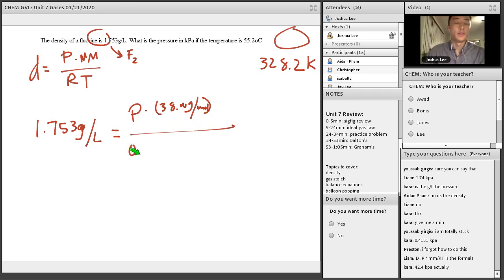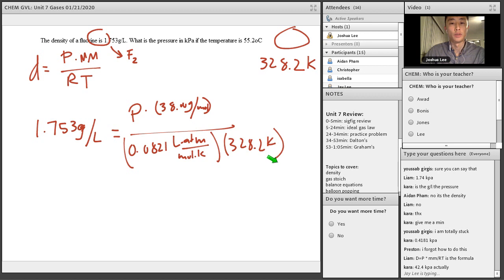Then we have our 0.0821 liter atmosphere per mole Kelvin, and then our temperature is 328.2 Kelvin. Kelvins will cancel, mole will cancel, liters cancel, grams cancel.